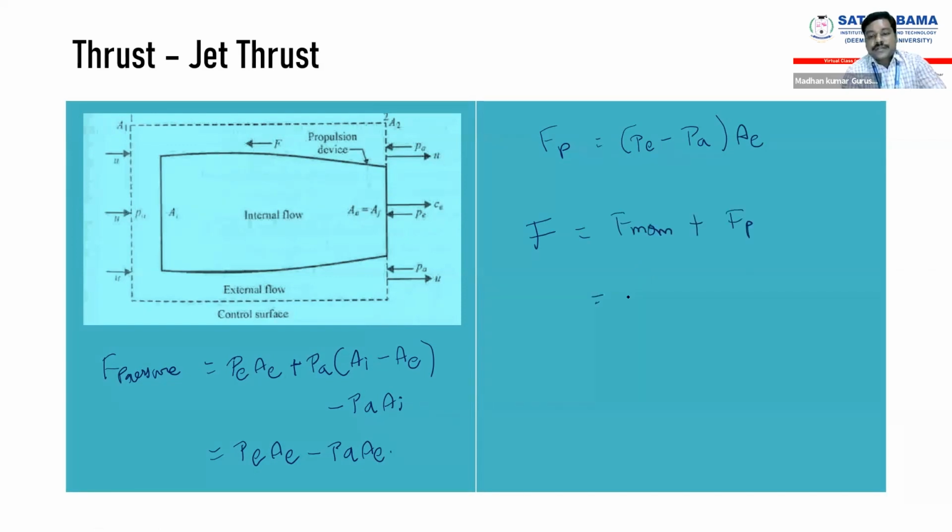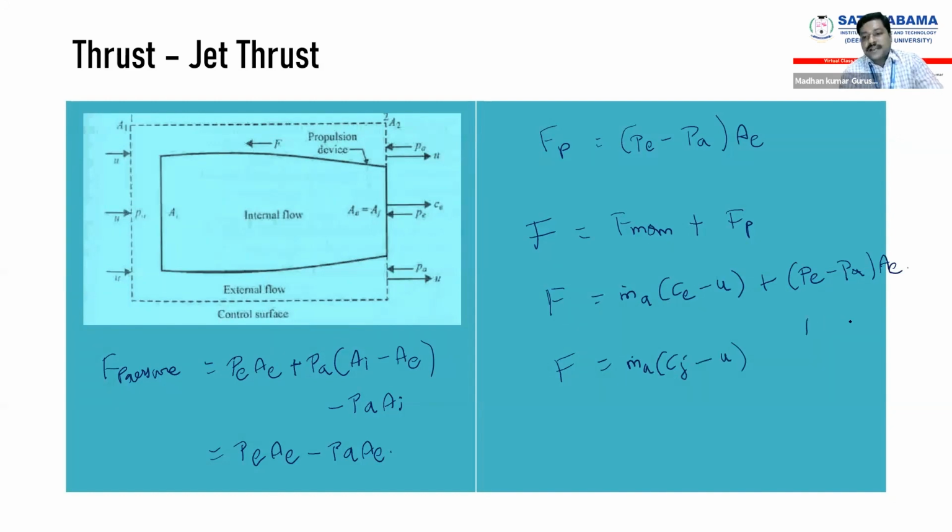F momentum is m dot a into (Ve minus U), plus the pressure thrust, (PE minus PA) into AE. You can make this into an effective jet velocity, so the effective jet thrust is m dot a into (Cj minus U).